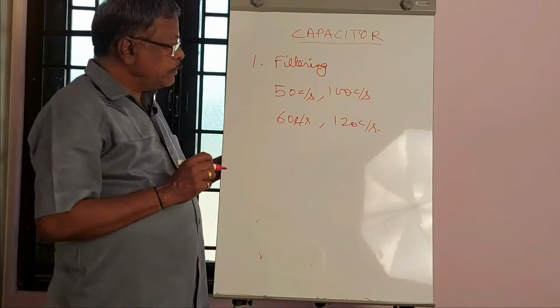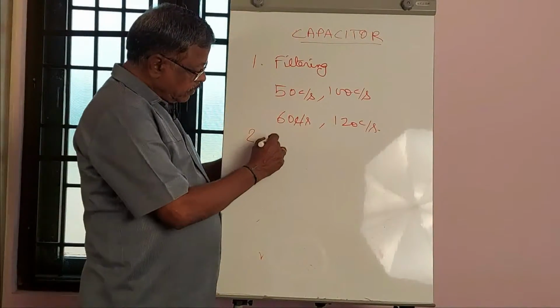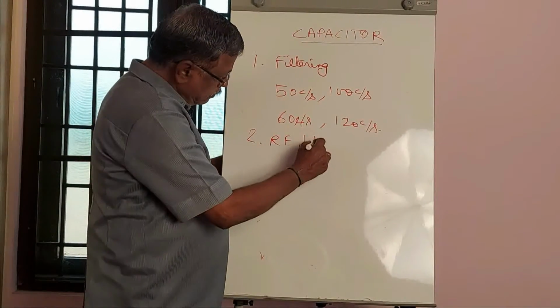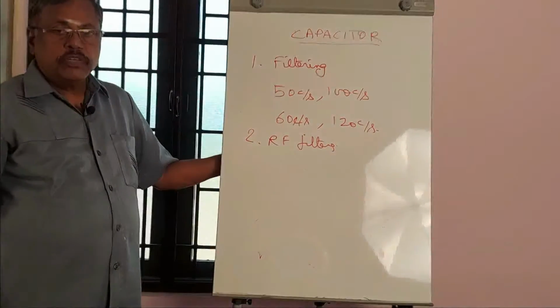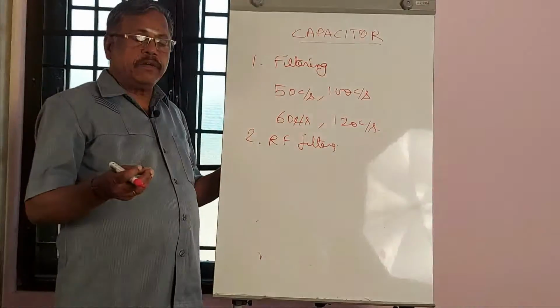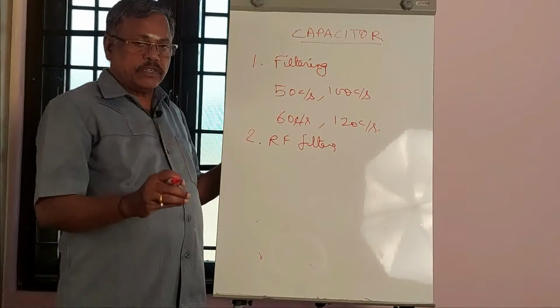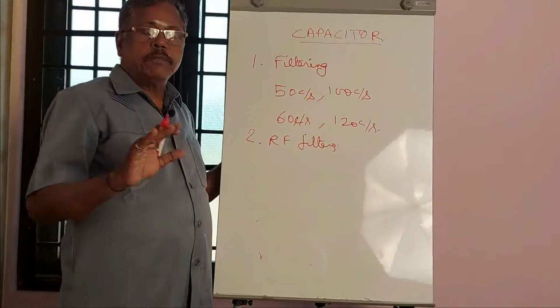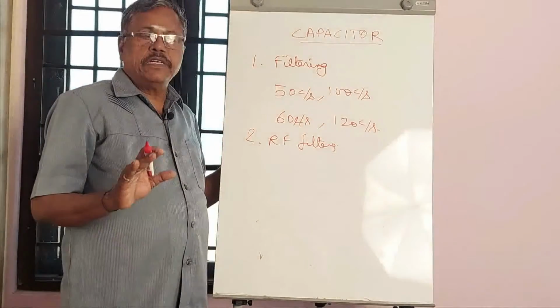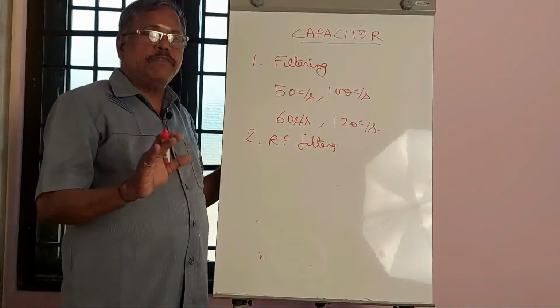And then there are some more capacitors which are called RF filters. RF filters are used to bypass the RF component in a particular electrical or electronic circuit. In some circuits, we may be filtering out the power supply frequency, but it is very difficult to filter out the high frequency component.